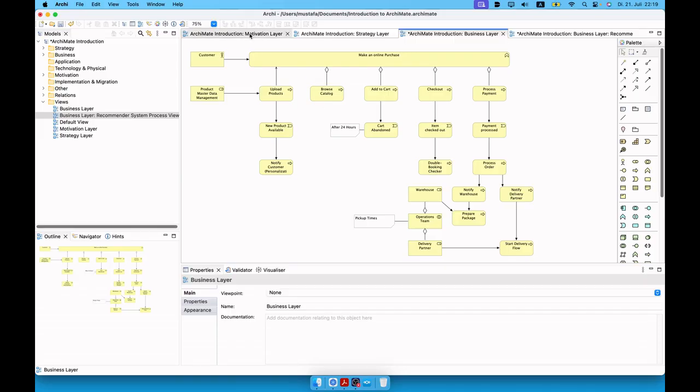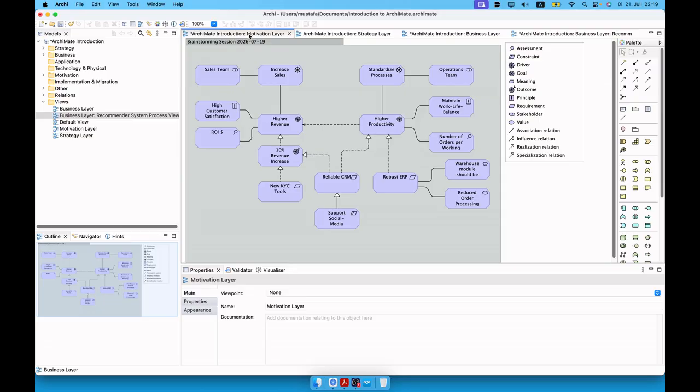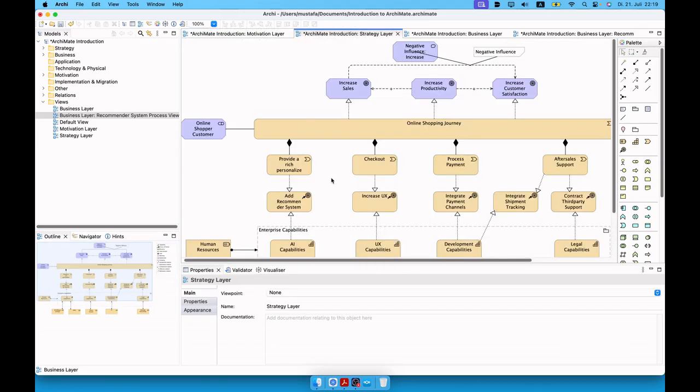If we review that from the motivation layer, in the strategy layer we have already modeled that in the value stream, call to action and action, course of action, and this was the part where we add a recommender system.